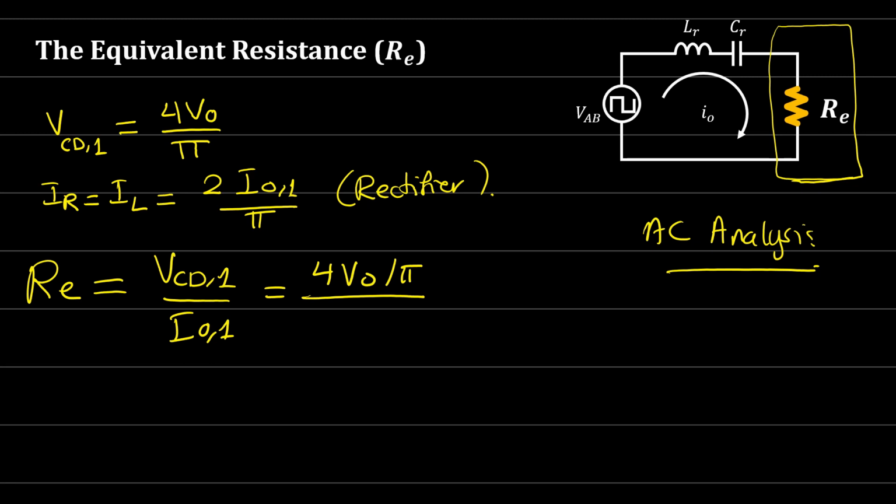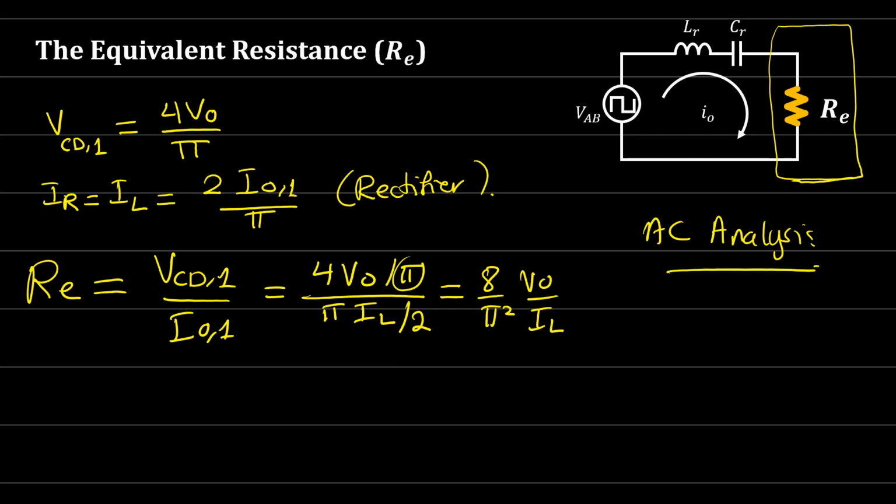From this equation, pi times the load current over 2. This pi will go down to be pi squared, and this 2 will go up to be 8. So here the equivalent resistance is equal to 8 over pi squared times V out over I_L, the output voltage over the load current.